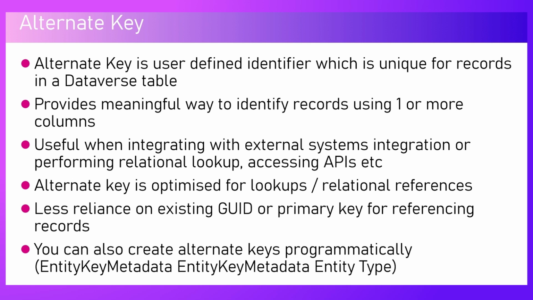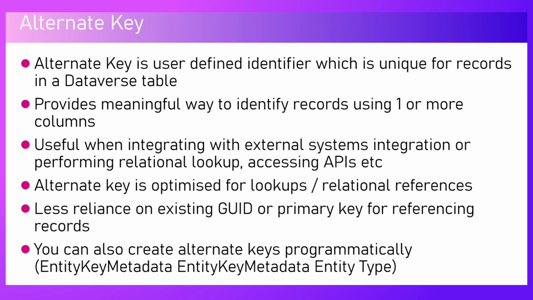But remember, when you do a migration, the GUID defined at the primary key level for a Dataverse table and the unique identifier or primary key from your third party system may not match. Either it may not match from a data type perspective, like it might be a number in your legacy system and a GUID in Dataverse, or it might be a GUID in both, but those GUIDs will not match.